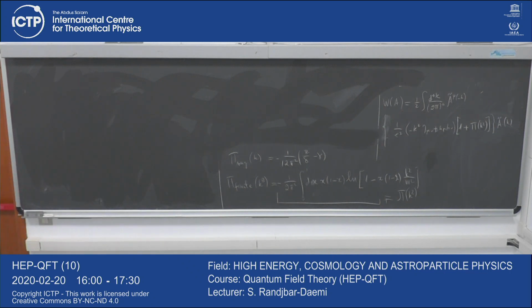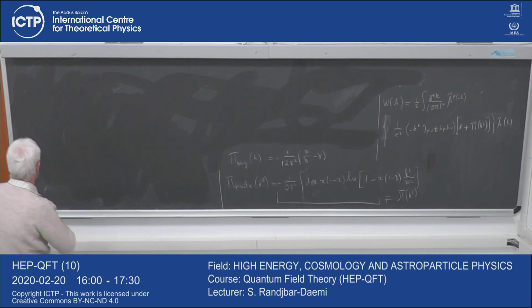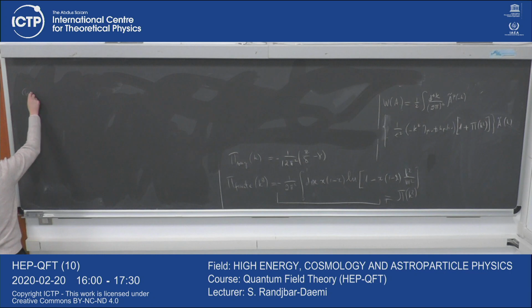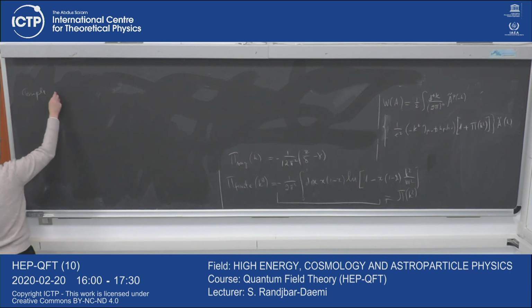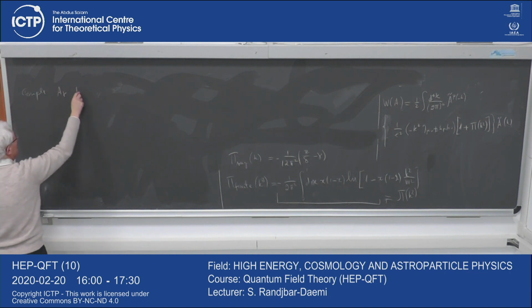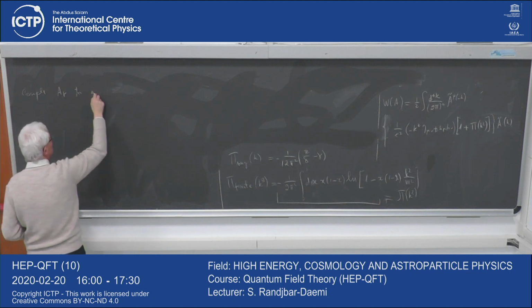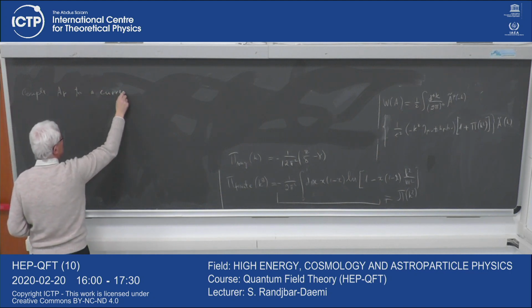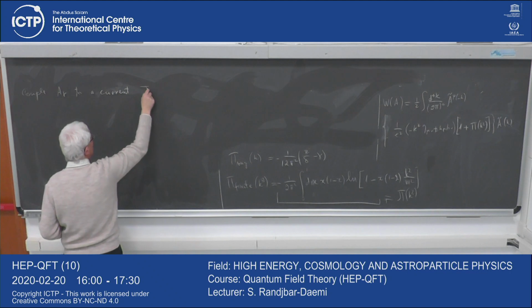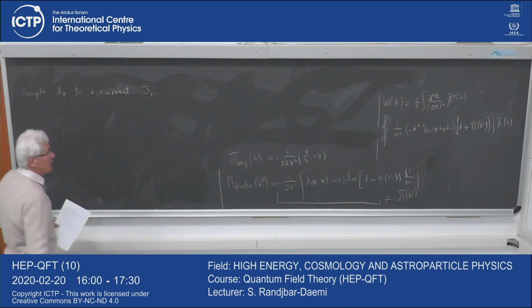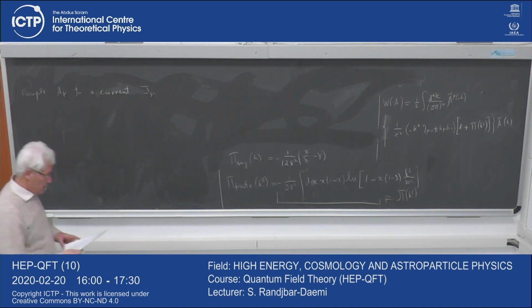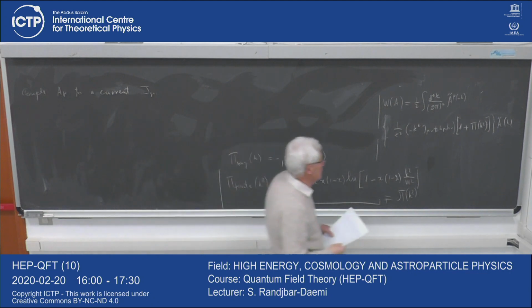And generally, when you want to solve Maxwell's equations, you couple your field to a source, to a current. So what you want to do is couple A mu to a current J mu. And I'm going to do it in momentum space.